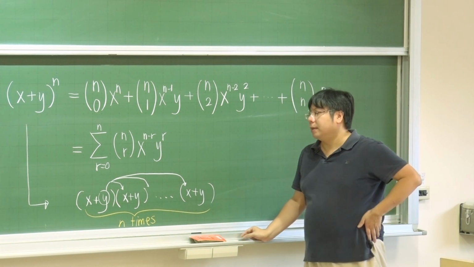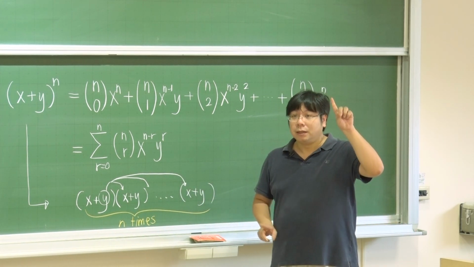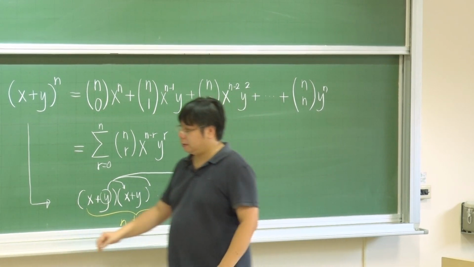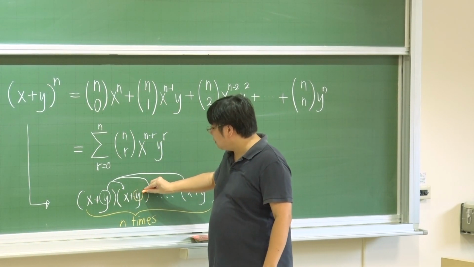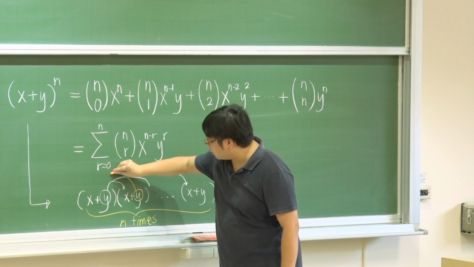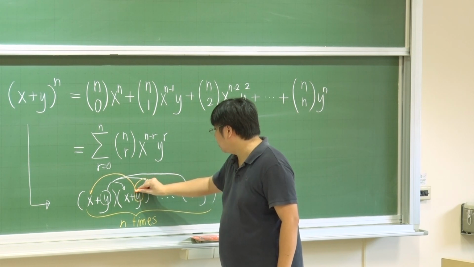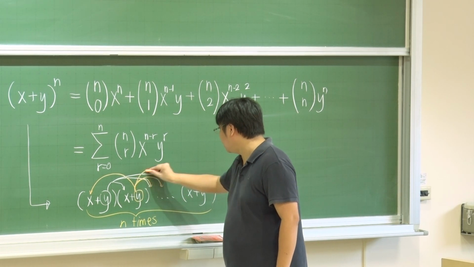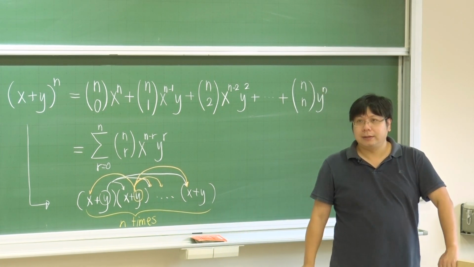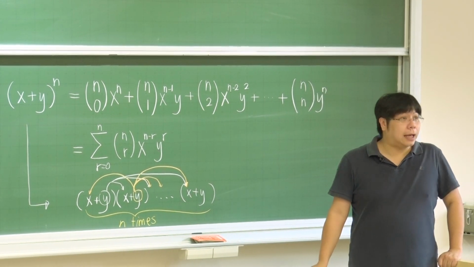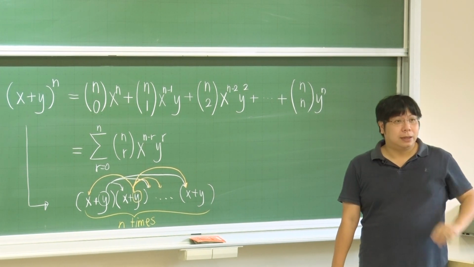The other way is that this time I fix this y, multiply with this x, this x, and then with all the remaining x terms. This is another way to get x^(n-1) y.